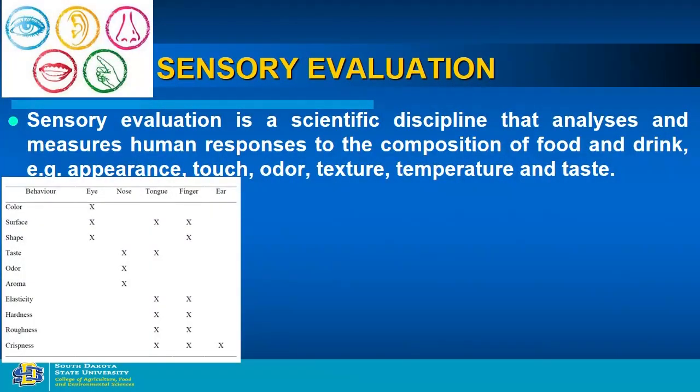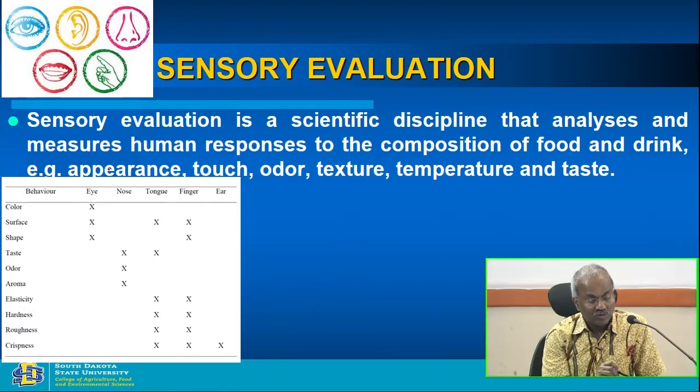So we are very sensitive about these things, and we make sure that we get the right product that we want. Some of the things I listed here: color, we use our eye to measure; also surface characteristics, we use the eye, also the tongue and the finger.